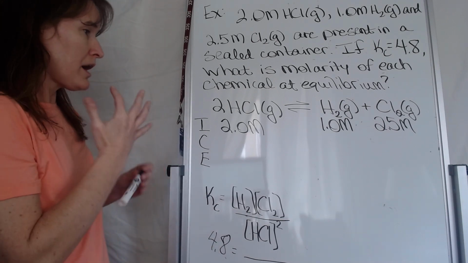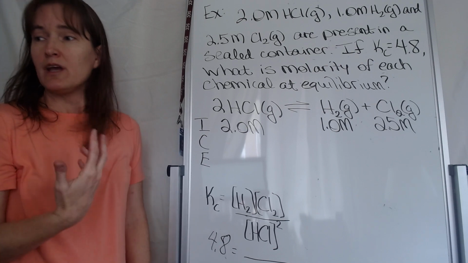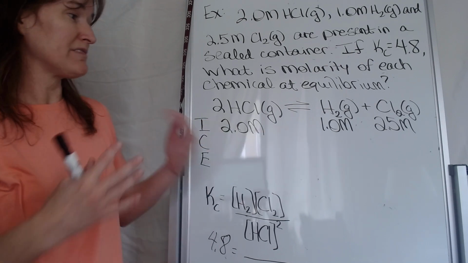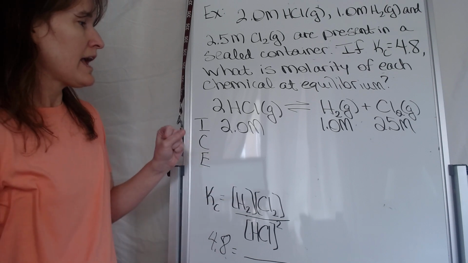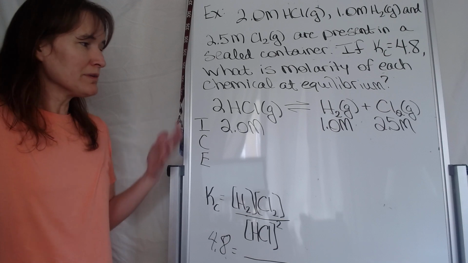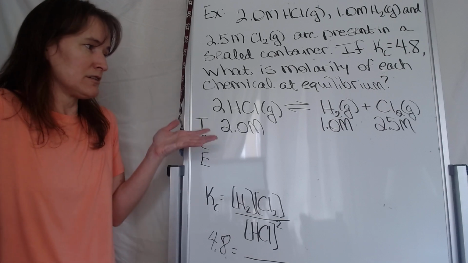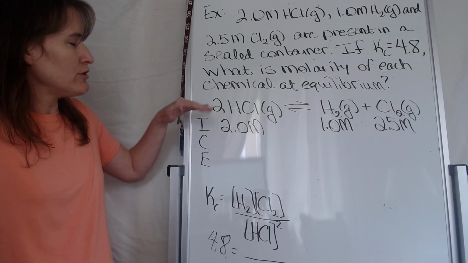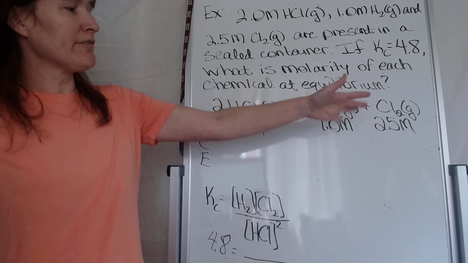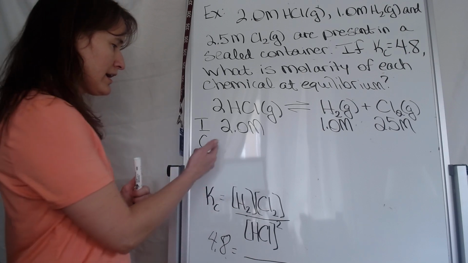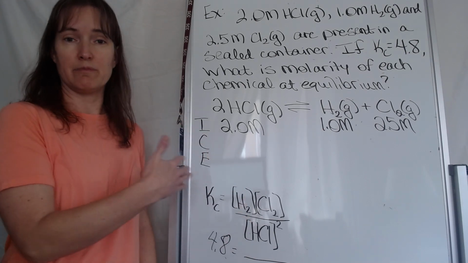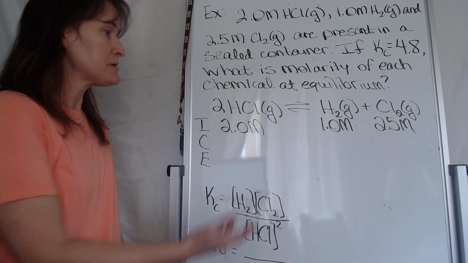Okay, but now we have to fill in this ICE chart. And this is going to be a situation where I don't know any equilibrium amounts of anything. I do know the constant. In the previous problems, there was some chemical we didn't have any of, some zero amount. But if you copy down the data as it's given, you'll see that there is a little bit of everything. So how do I know if I subtract or add? The answer is not "that's a reactant, you subtract it," because that's not the way equilibrium occurs.